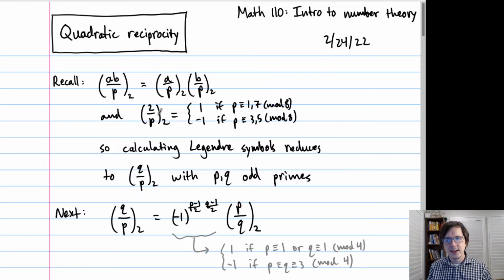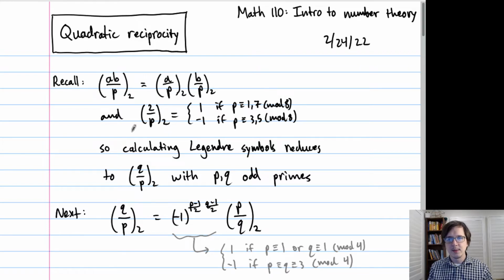And using Gauss's lemma, we also came up with a simple condition for when 2 is a quadratic residue mod p. If p is 1 or 7 mod 8, then 2 is a quadratic residue. And if it's 3 or 5 mod 8, the other case, then it's not a quadratic residue.